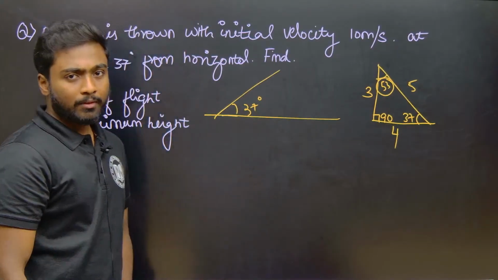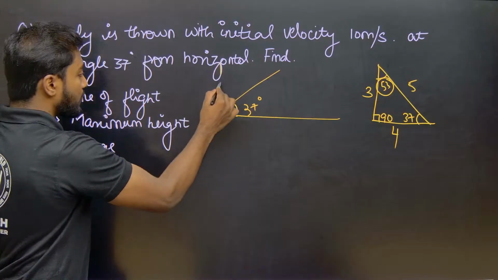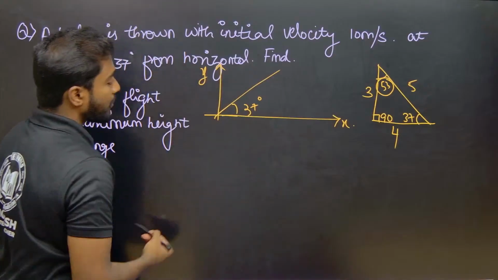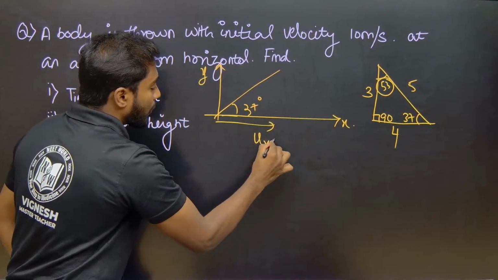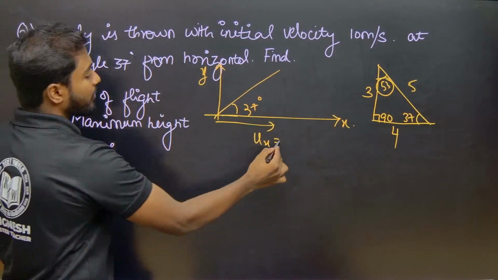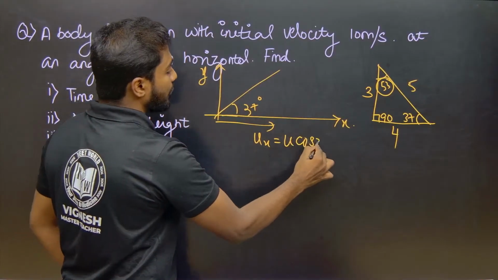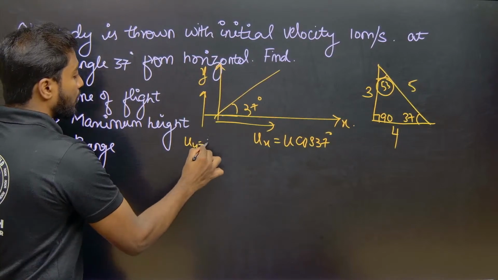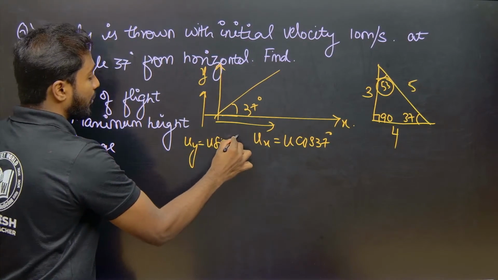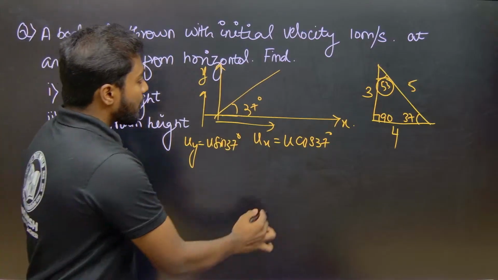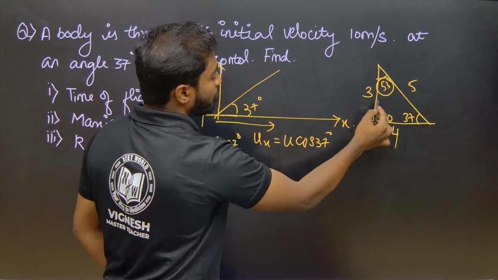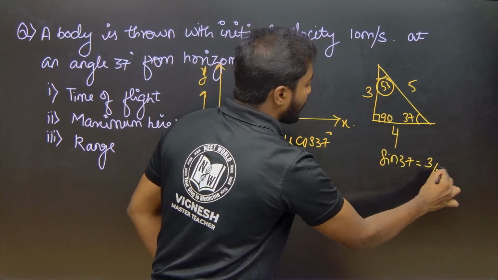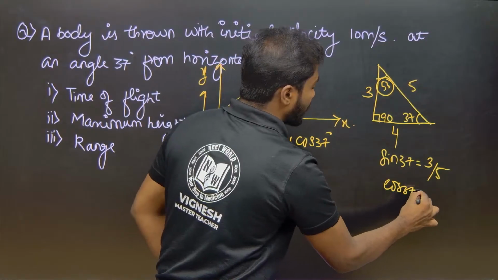Now I can easily find sin 37, cos 37, or sin 53, cos 53, or tan. This is my y axis, this is my x axis. So ux is equal to u cos 37 degree, uy is equal to u sin 37 degree. Am I right? Now sin 37 is 3 by 5, cos 37 is 4 by 5.